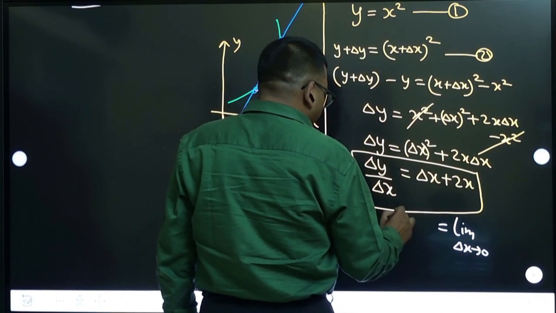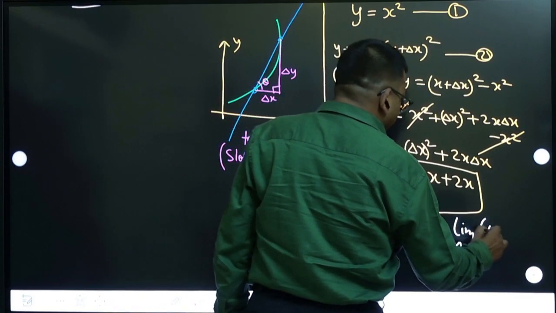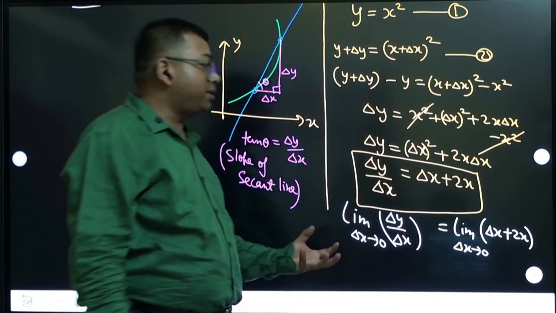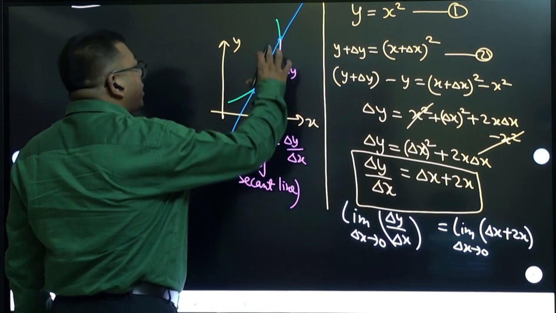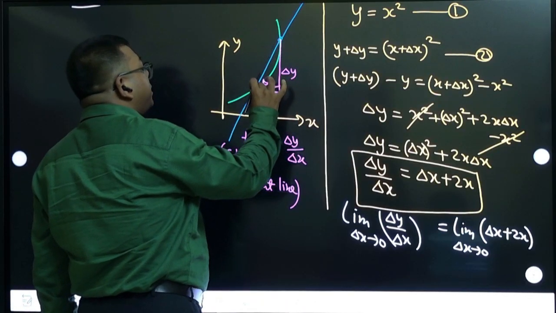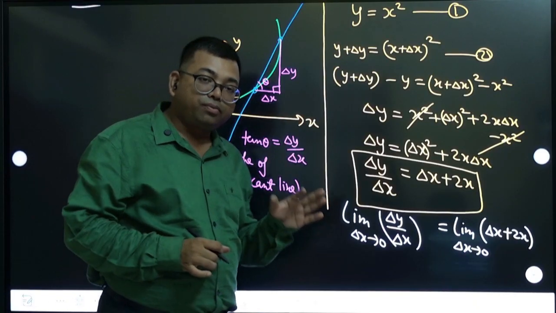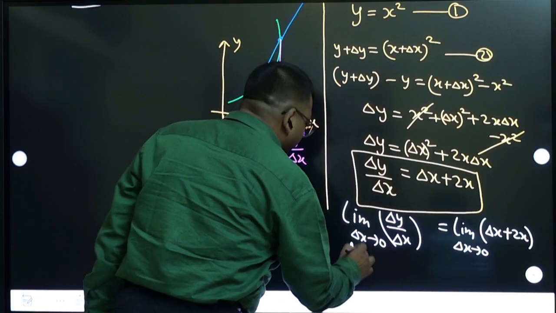So the left hand side is delta y by delta x, and the right hand side is delta x plus 2x. What is the meaning of limit delta x tends to 0? It means these two points are going to be the same point. So delta x and delta y are going to be very small, and this ratio we now write as dy by dx.